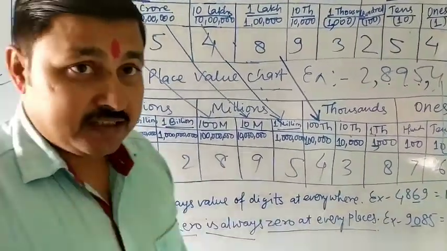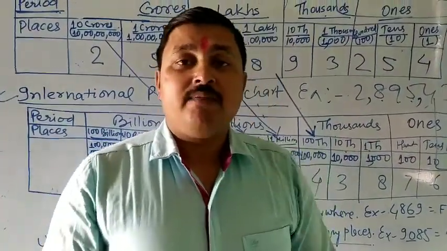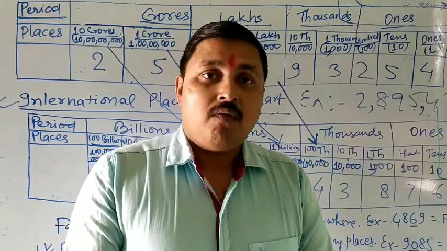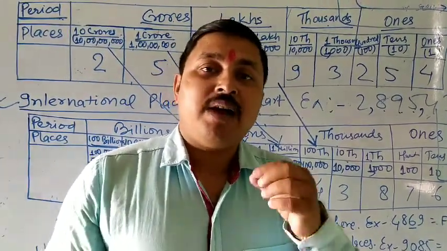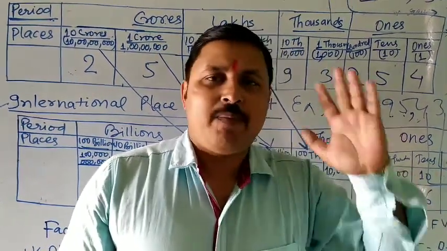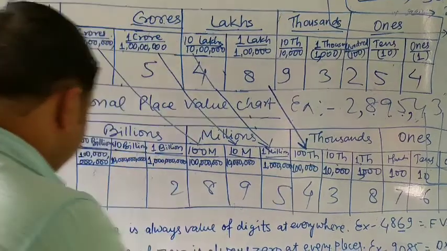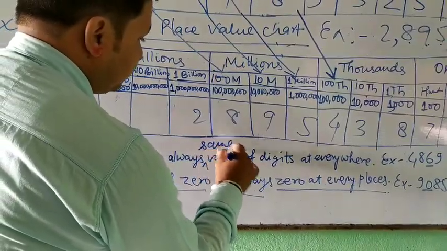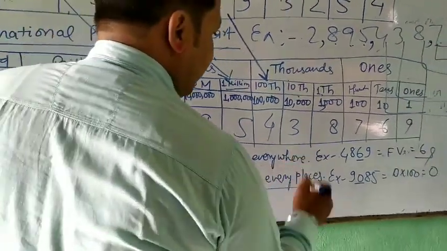One more thing in the place value system is the face value. What is face value? Face value is the same value of the digit at every place.